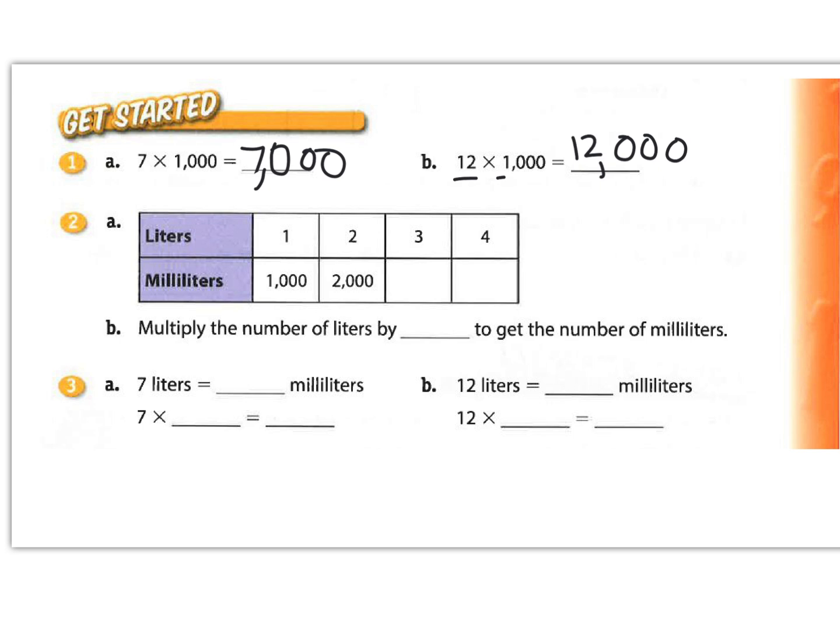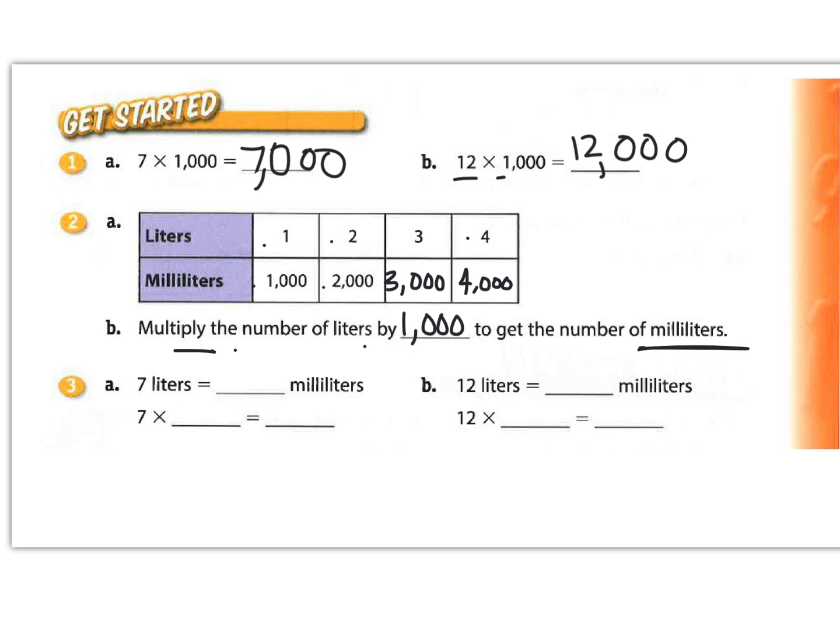Well, look here. 1 liter is the same as 1,000 milliliters. 2 liters is the same as 2,000 milliliters. 3 liters is the same as 3,000 milliliters. 4 liters is the same as 4,000 milliliters. So we're going to multiply the number of liters by 1,000 to get the number of milliliters.